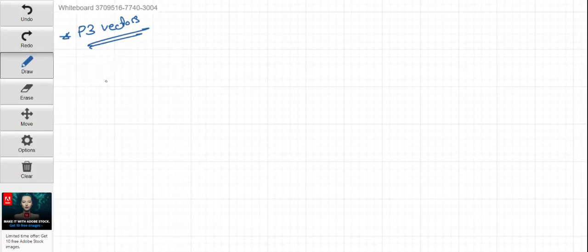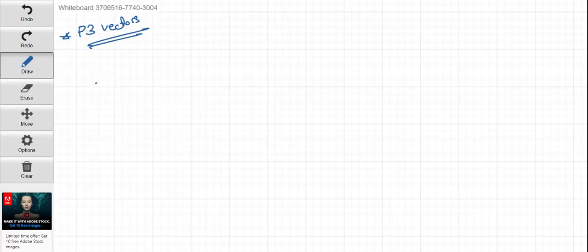Now, recall that vectors basically refer to the distance between 2 points in a given direction, right?